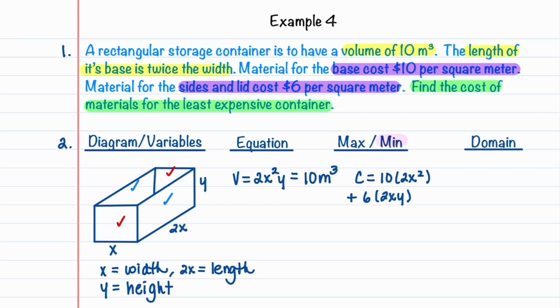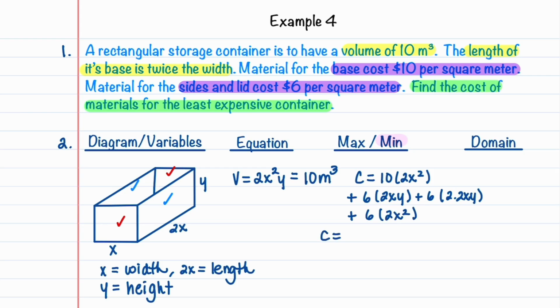Those are also $6. So we have 6, and that is 2xy, but there's 2 of them. So we have 2 times 2xy. And then we have the top, that is 2x squared, but it is $6. So we have 6 times 2x squared.